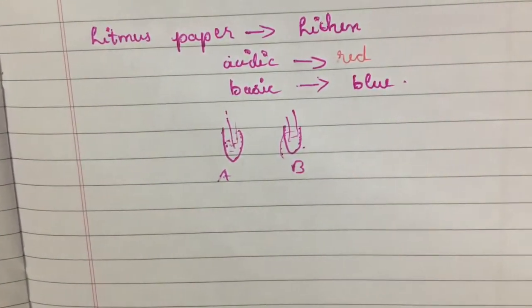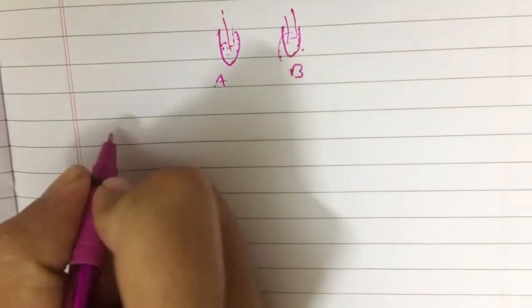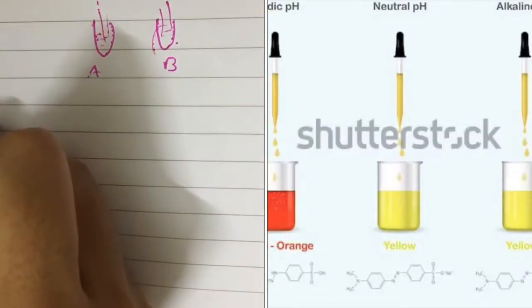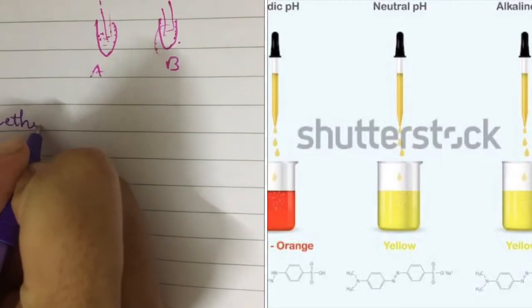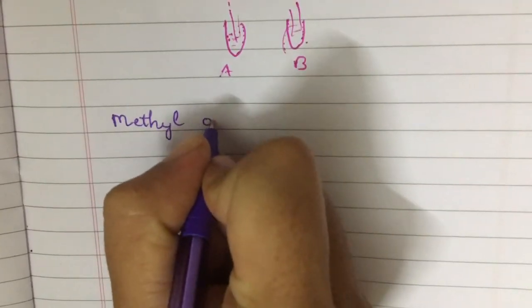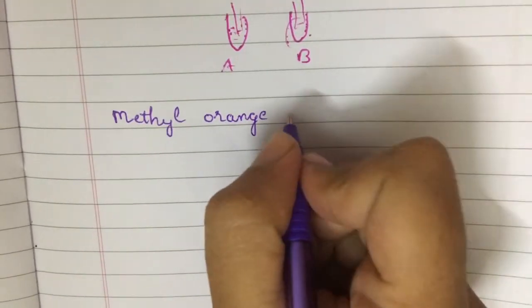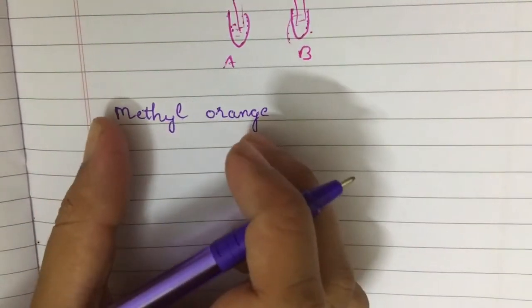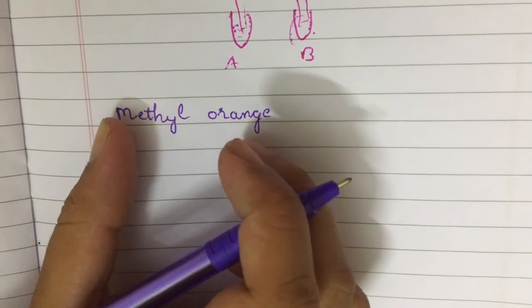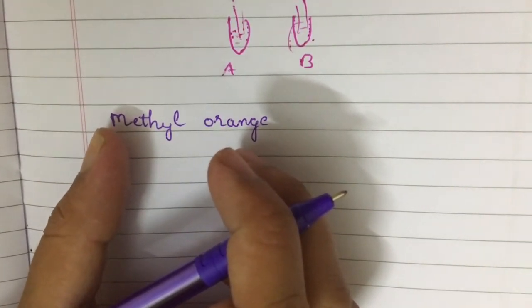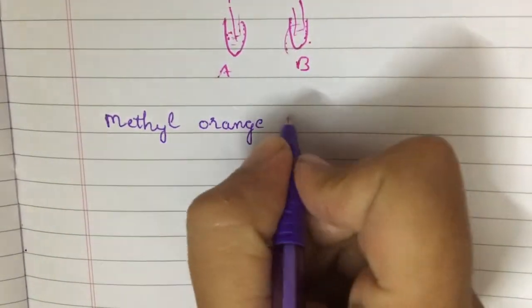And next is the methyl orange. Methyl orange is another example of an indicator, and this is a synthetic indicator. Synthetic indicators are produced in the laboratory.